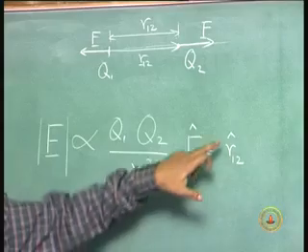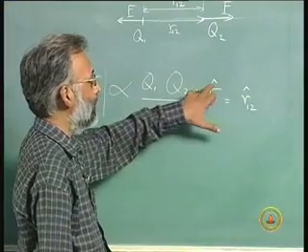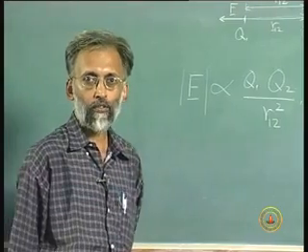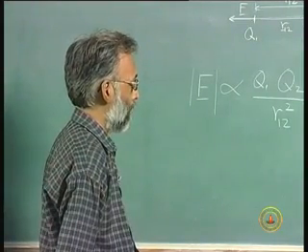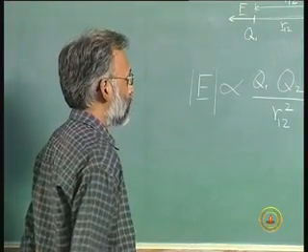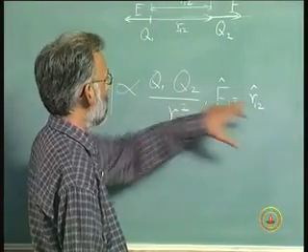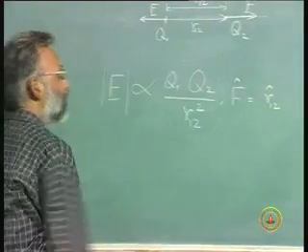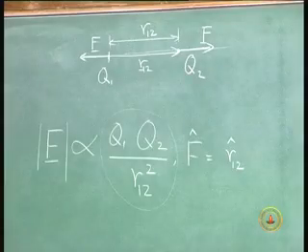When I put a cap on top of any symbol, it means unit vector along the direction of that symbol. So, the force is along R12 and it has a magnitude that is proportional to Q1 Q2 over R12 squared.